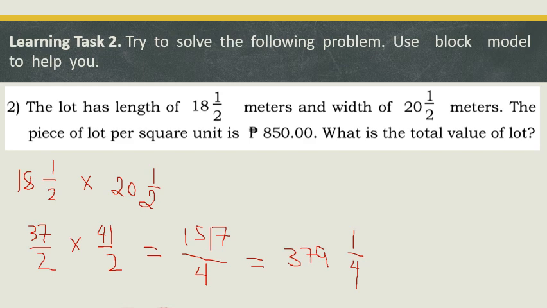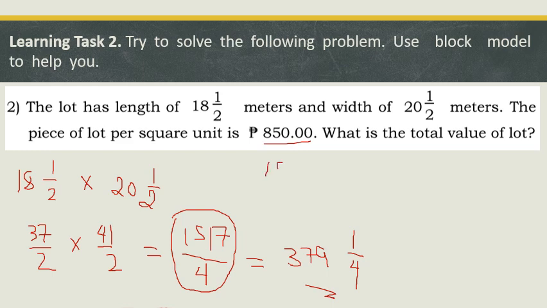Yung 379 and 1/4, i-multiply pa natin sa 850. So, paano po yun? I-multiply muna natin yung naka-improper, para mas madali na. Kasi pag ito ang multiply natin, gagawin pa rin natin siyang improper.